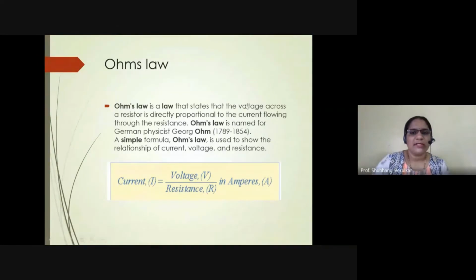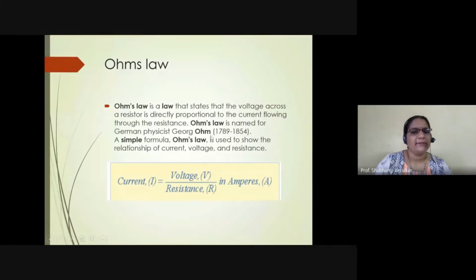Ohm's law states that the voltage across a resistor is directly proportional to the current flowing through the resistance. Whatever voltage is present across a resistance is directly proportional to the current flowing through it. Which formula has been given? V is proportional to I into R.